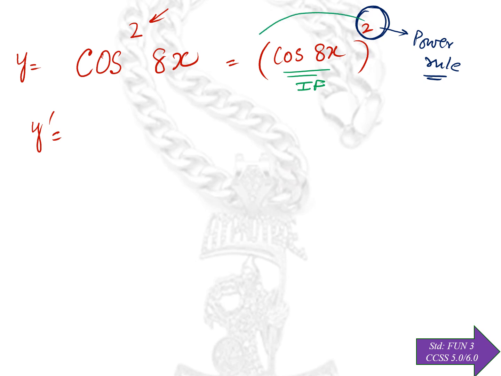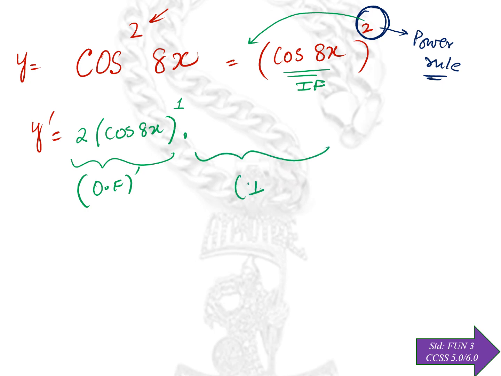Bring the power before the function, write the inner function as it is, and from the power subtract 1. This is the derivative of the outer function. Multiply it with the derivative of the inner function.